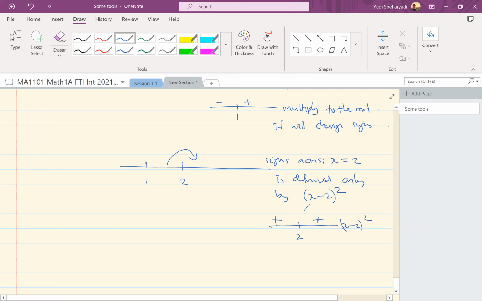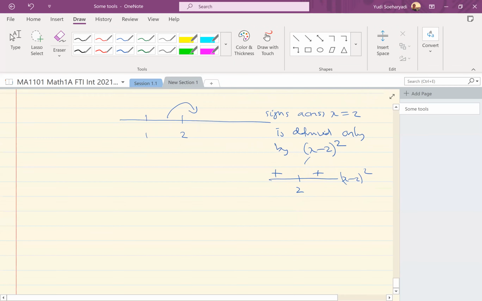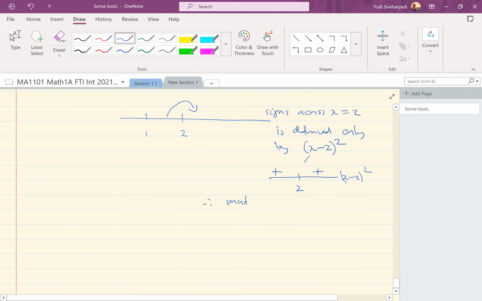So when you multiply the rest of the factors by x minus 2 squared, you multiply by a positive to the right and by a positive to the left. Multiplying by a positive number doesn't change the sign. So positive remains positive, negative remains negative.